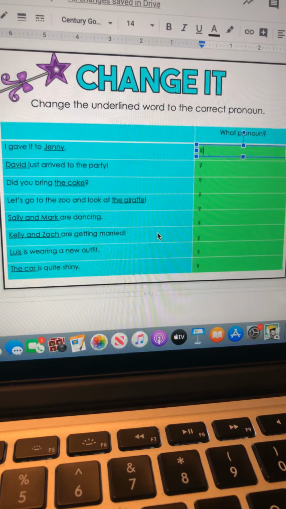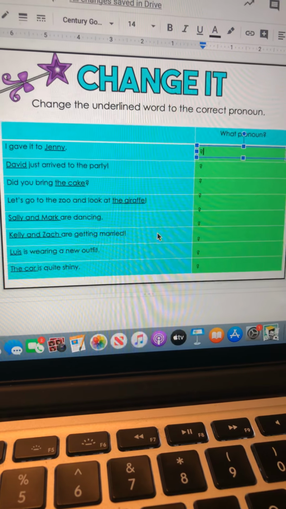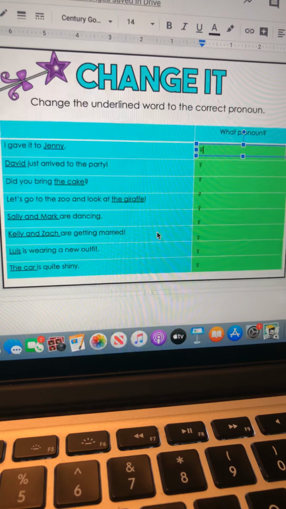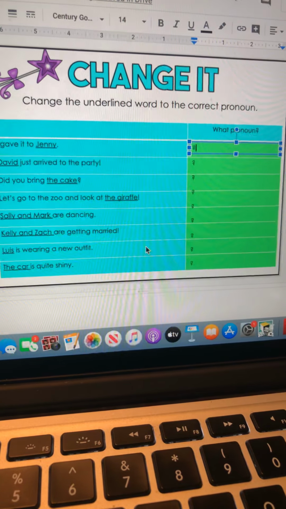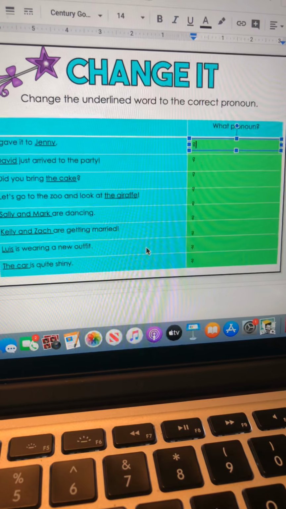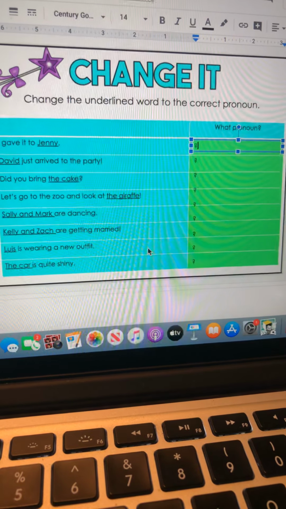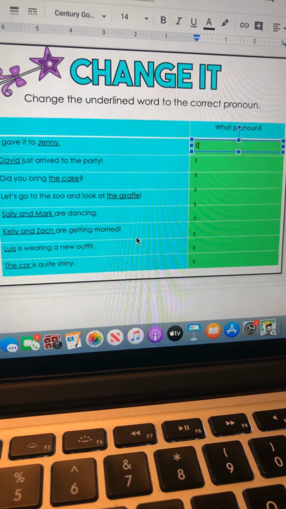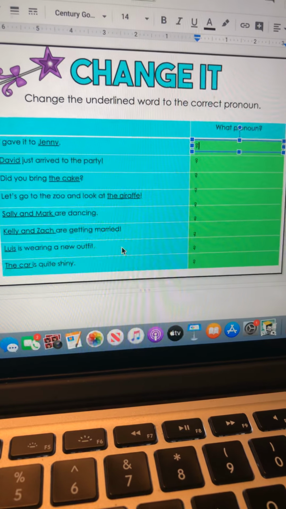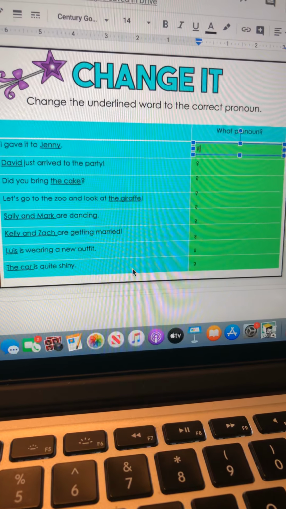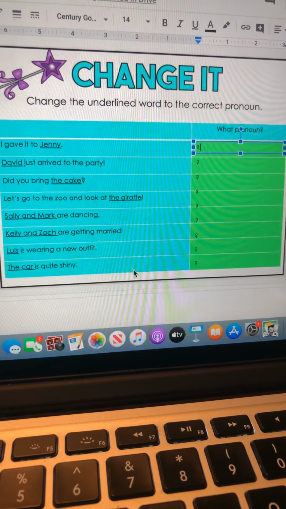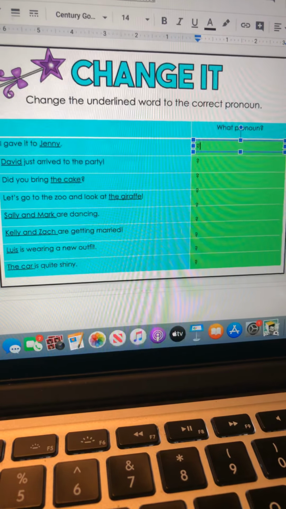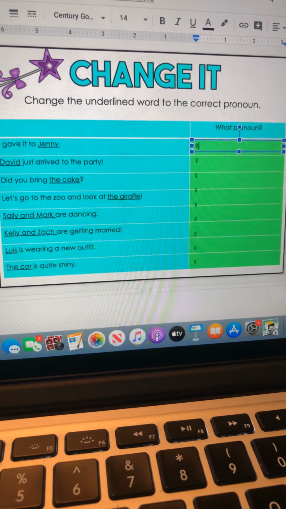The next one, Kelly and Zach are getting married. The next one, Lewis is wearing a new outfit. And then the last one is the car is quite shiny.